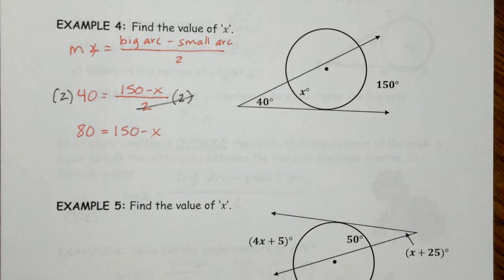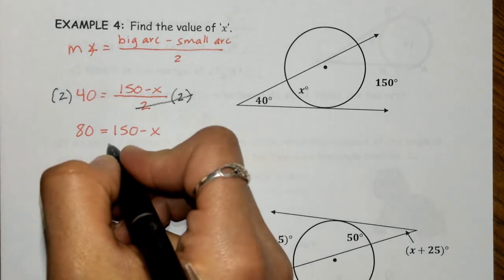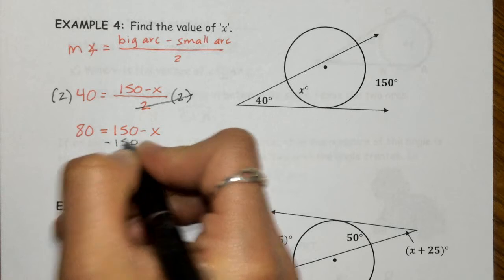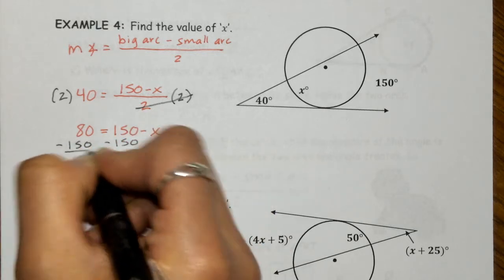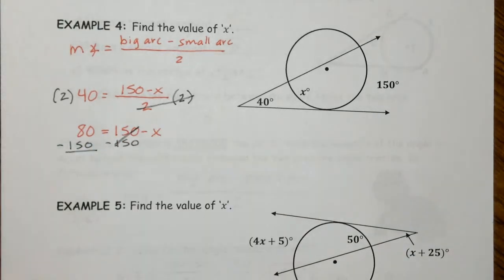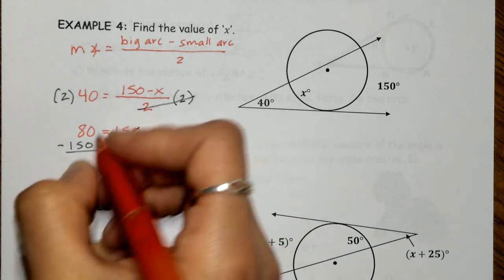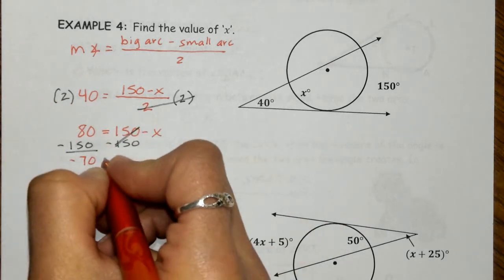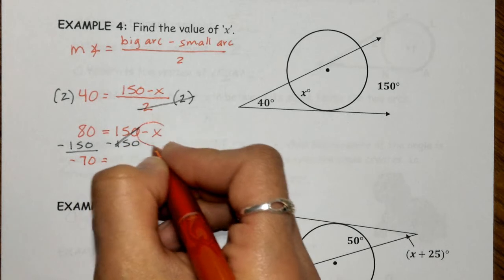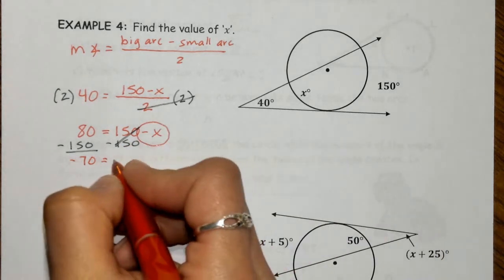So you have a couple options here. You can go ahead and get rid of the 150. I'm going to show you that so you can see what happens if you have a negative x. If I subtract this 150 from both sides, you will end up with a negative on the left, which is okay for now. You're going to get negative 70, which is equal to negative x.